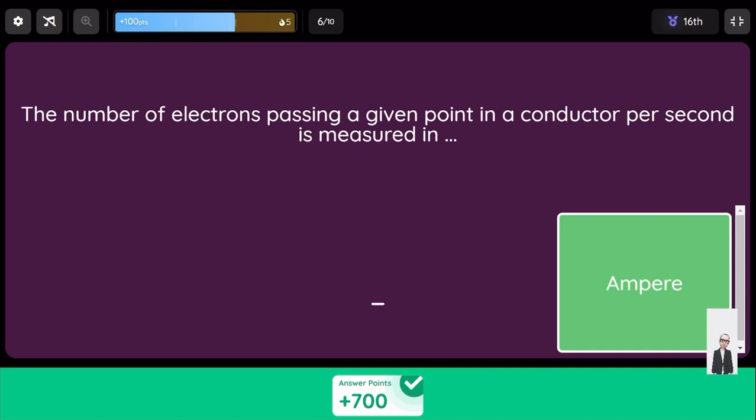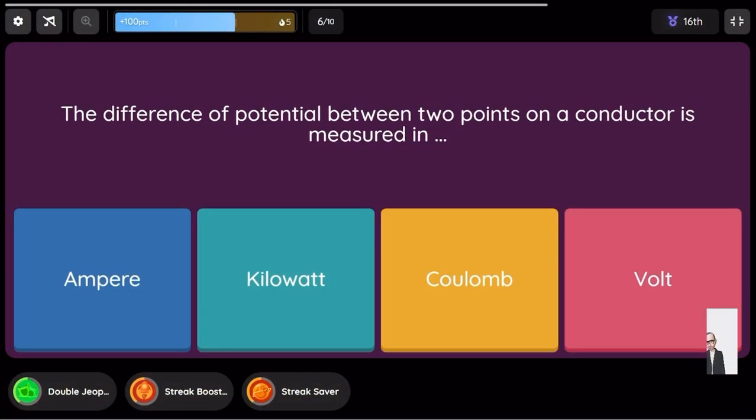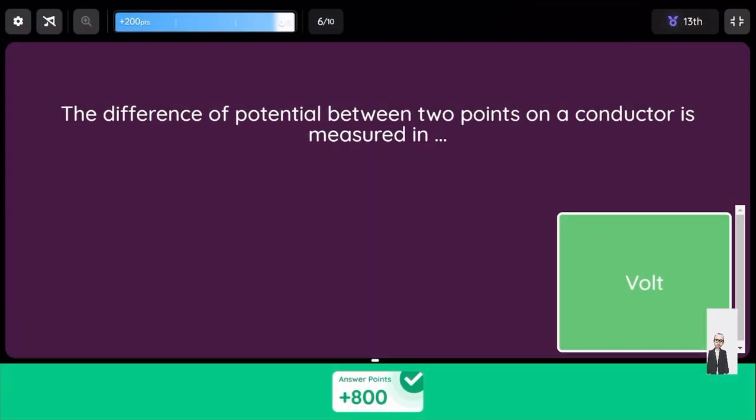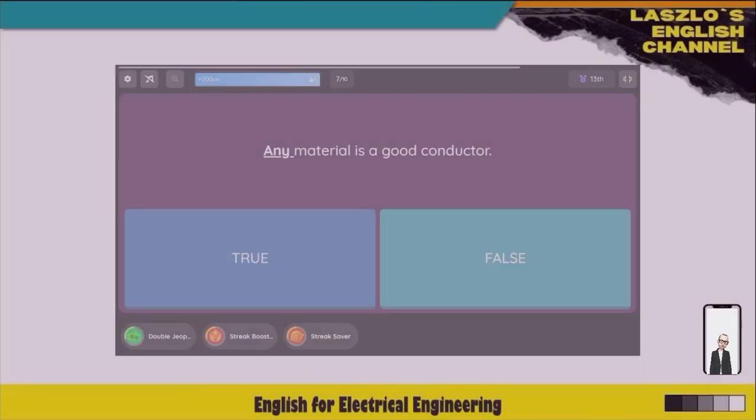Ampere is the correct answer, measured in amperes. The difference of potential between 2 points on a conductor is measured in ampere, kilowatt, coulomb, or volt. When we talk about difference of potential, the correct answer is volt or volts.